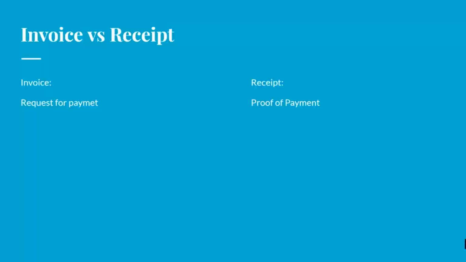So, what is an invoice versus a receipt? Wikipedia basically says an invoice is a request for payment and a receipt is proof of payment. So when Amazon is requesting an invoice, they mean invoice, and we're going to walk through exactly what needs to be on that invoice in a minute.